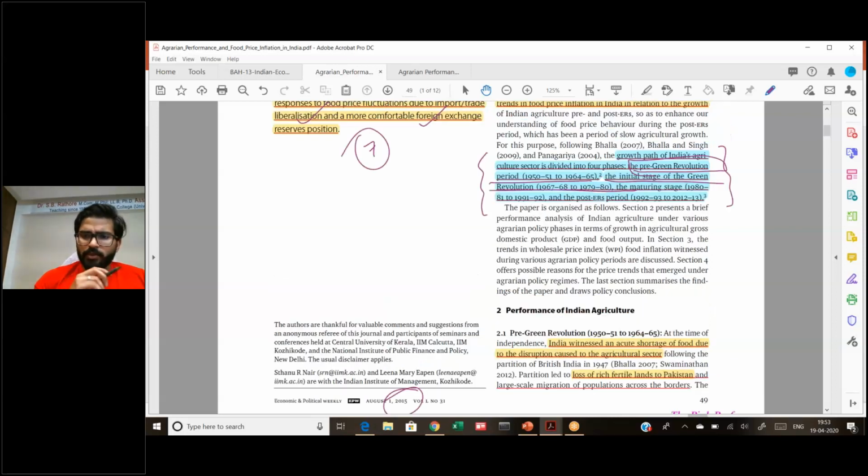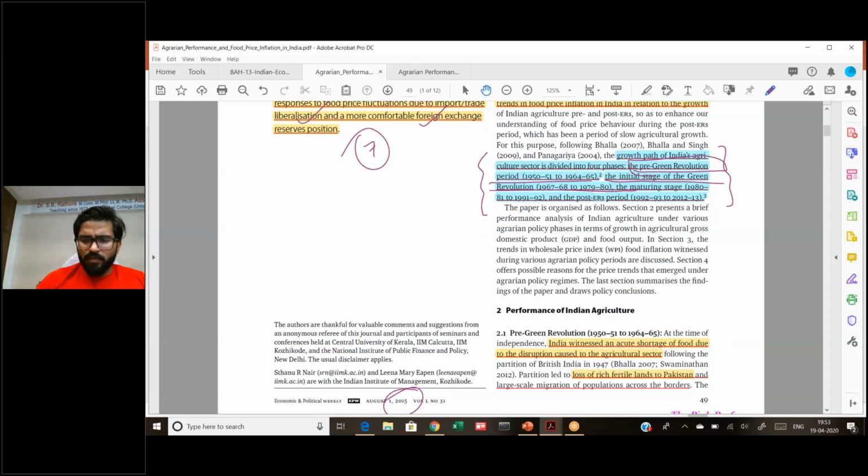Now, another thing that you need to note is the performance of agriculture in these 4 phases. What was the performance in the first phase from 1950 to 1964? It was the phase where we had acute shortages of food grains. And why was this acute shortage? Because a lot of the most fertile agrarian land, which was the Indus system, went to the Pakistan side.